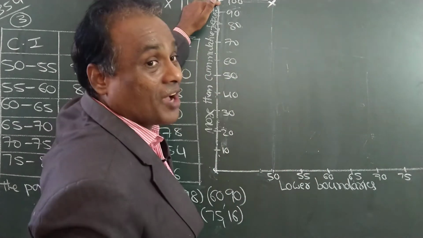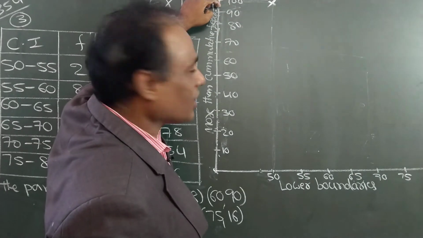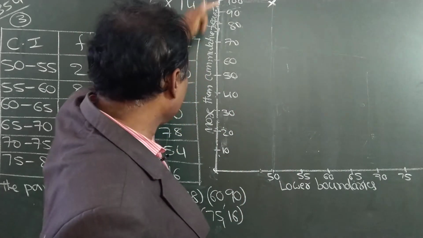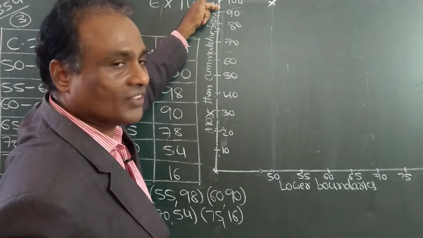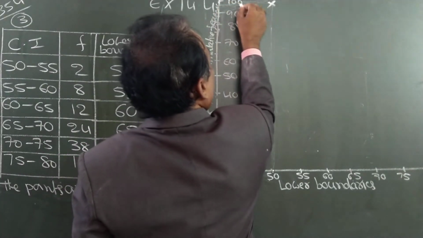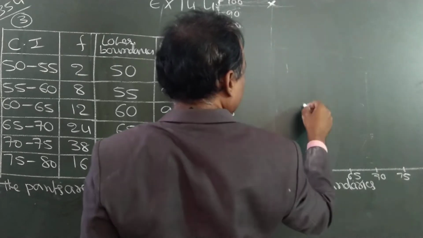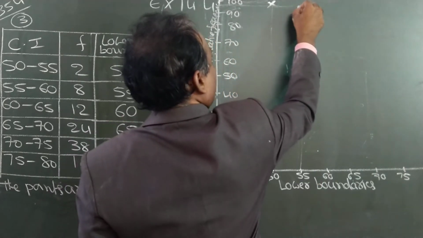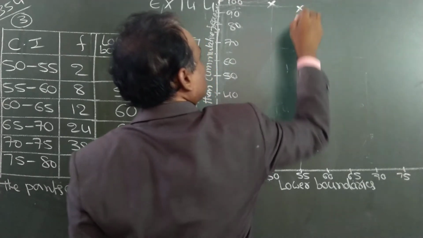If you draw on the graph paper, there will be small squares. So take one square as 1. 98 means 2 less than this. So below 2 squares like this. It will be approximately just less than 100. The point will be somewhere here.